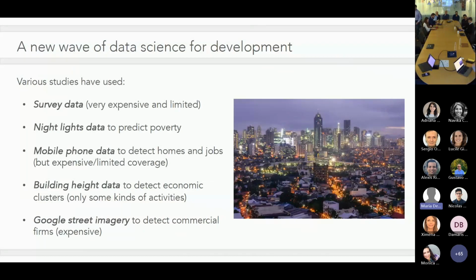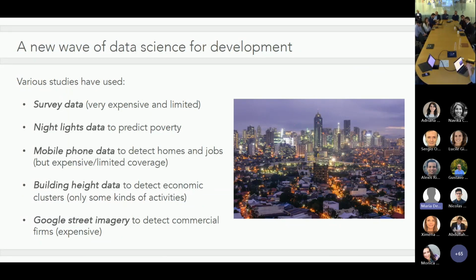This project falls within what I'm going to call a new wave of data science for development. In the last 10 years or so, there have been a lot of efforts to deploy all sorts of novel data sets to infer things about urban economies and different economic indicators from non-standard data. You're all going to be aware of very successful efforts to use things like nightlights data to predict poverty.